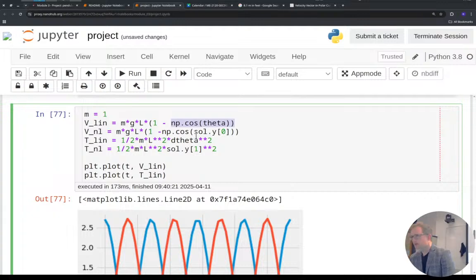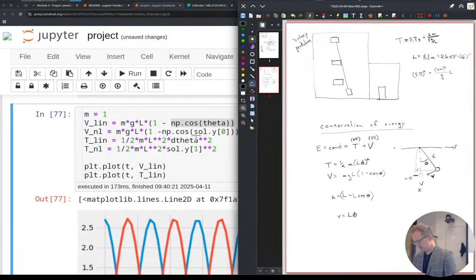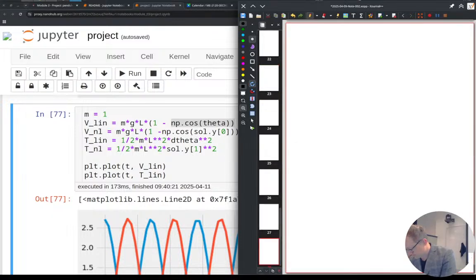I was just using the actual diagram, rather than integrating the MGL sine theta, and rather than integrating MGL theta, because that would be the other way. Oh my god, driving me crazy.